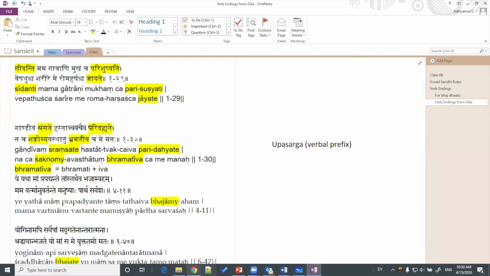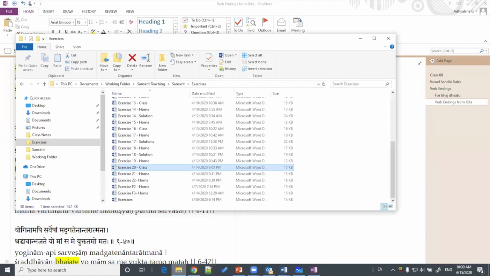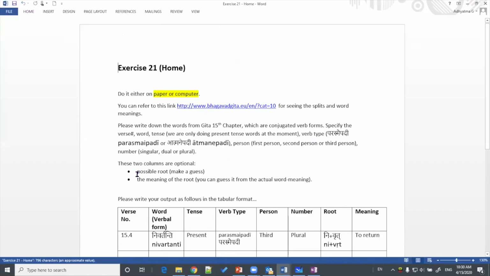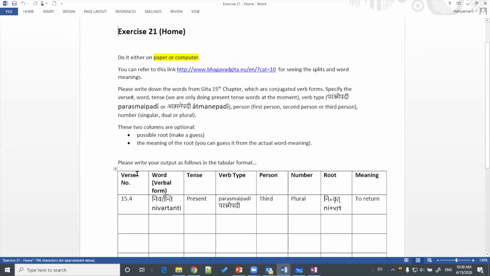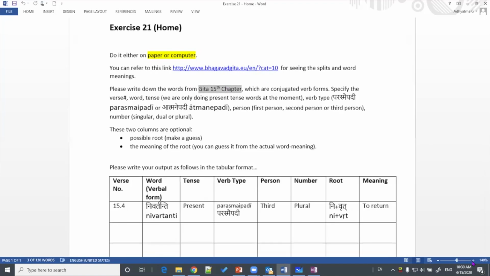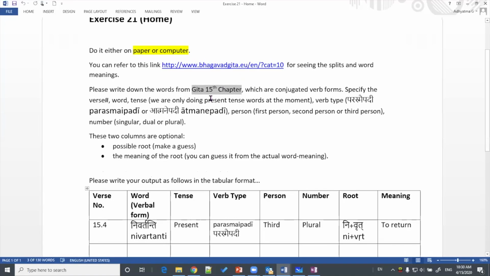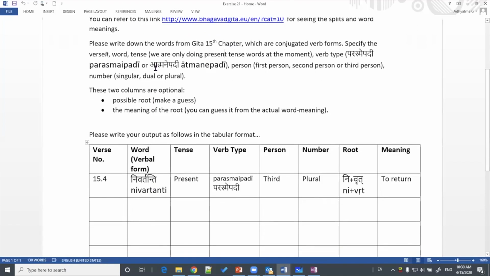I want to show you the exercises for the homework. So there are two of them. Exercise 21. Just like I showed you in Gita, here I want you to identify from Gita 15th chapter, let me increase the size here a little bit, how many verbs can you identify in the present tense?